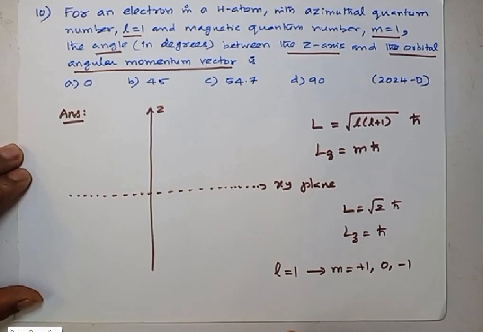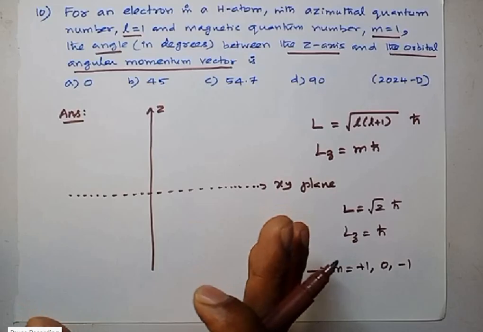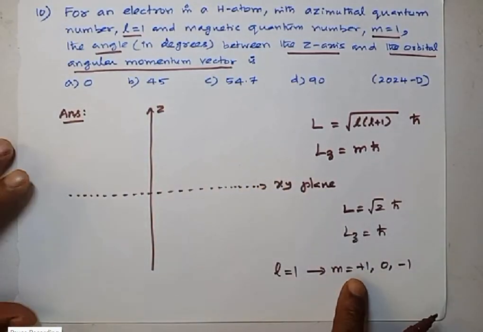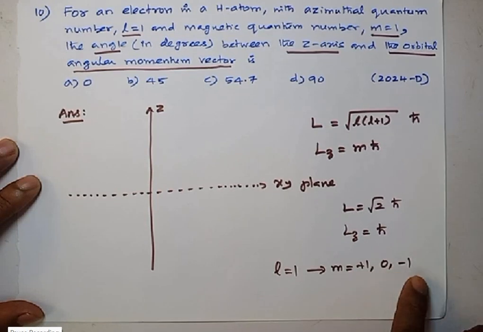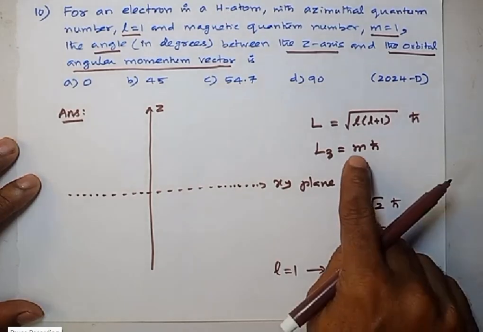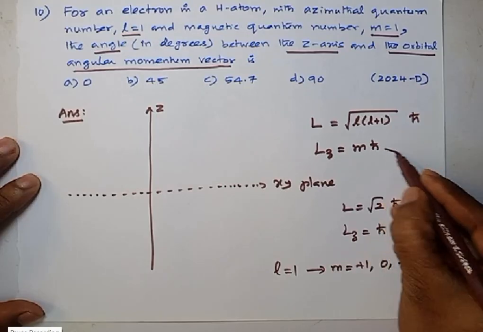There are three orientations. The angular momentum vector takes three orientations in space: m plus 1, m 0, and m minus 1. If m is plus 1, then Lz is h cross, correct?